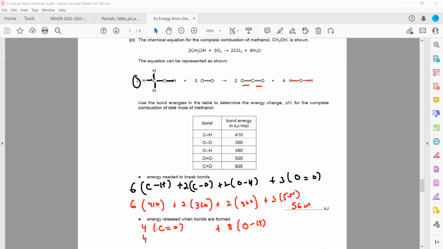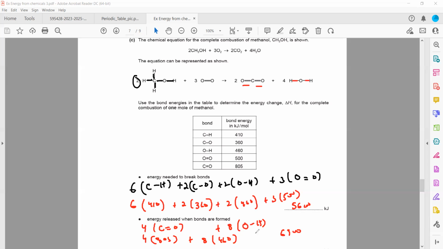So it will be 4 into CO, that is 805, plus 8 into OH bond, that is 460. When we solve, this gives us the bond forming energy, which is 6,900 kilojoules.